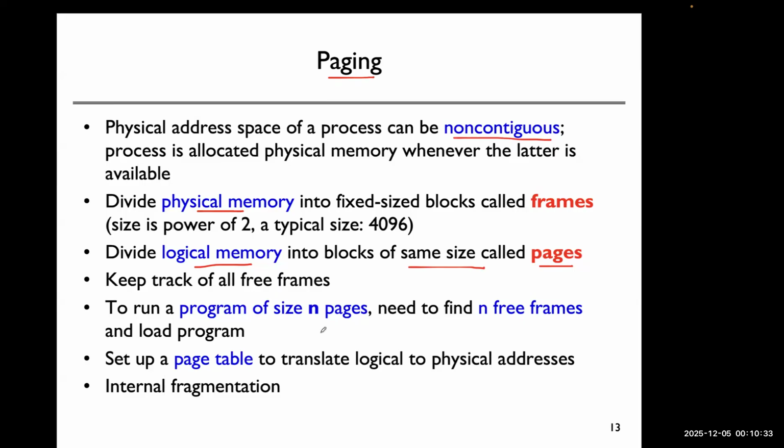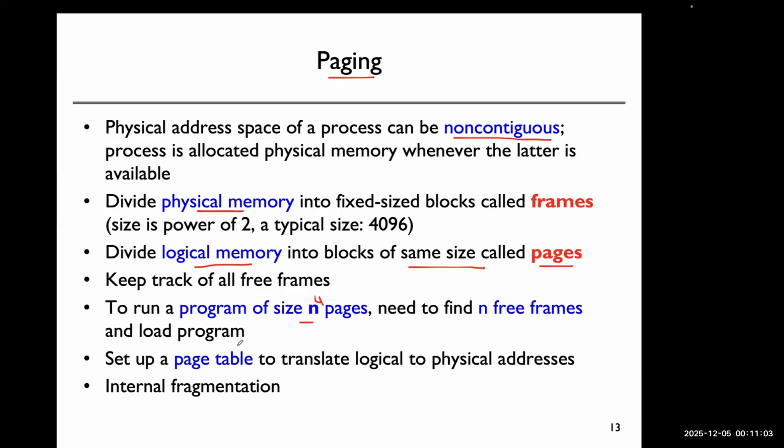So for example, if a program is of size 16 kilobytes, we can now divide its memory requirement into pages. If it is 16 kilobytes and each page is 4 kilobytes, we will have a memory requirement of 4 pages, right? So to run a program of size n, or in our example 4 pages, we need to find 4 free frames and load the program, right?